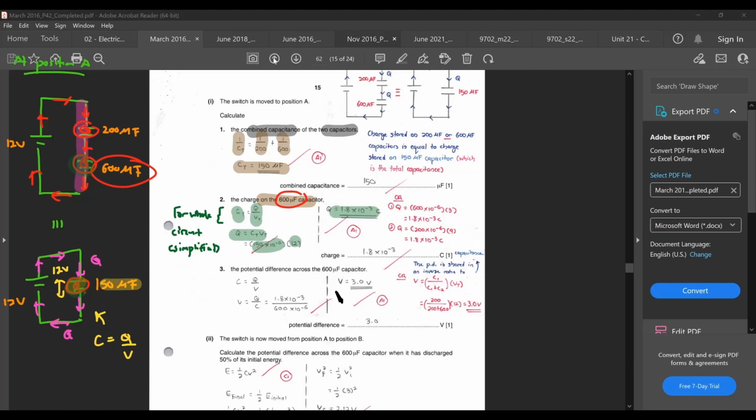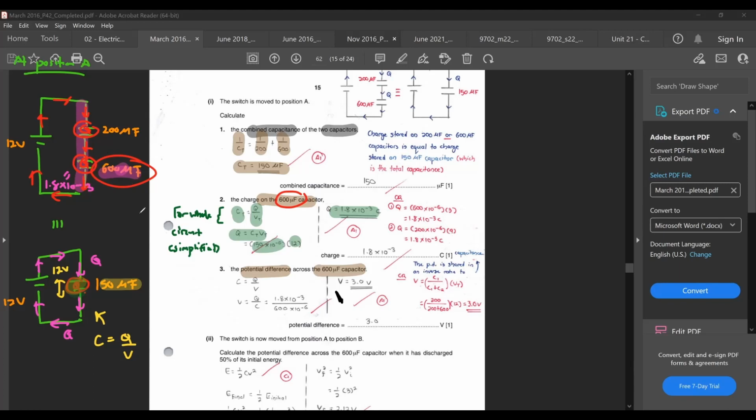Okay, so that's the understanding for this one. Now, the next part will ask you to find the PD across the 600 microfarad capacitor. In this case, it becomes easier also because you now know the capacitance of the 600 microfarad capacitor. You also know the charge that is stored on it. You already found out that it is 1.8 times 10 to the power minus 3.